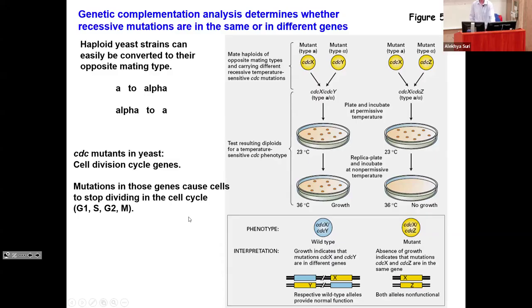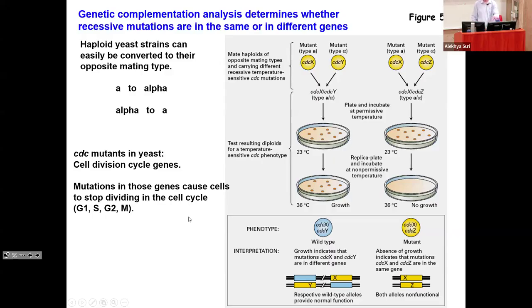So this means X and Z, these two mutations you see here at the bottom, would be in the same gene. Because if both genes are mutated and they are in the same gene, they cannot complement each other, because both copies are affected by mutations.